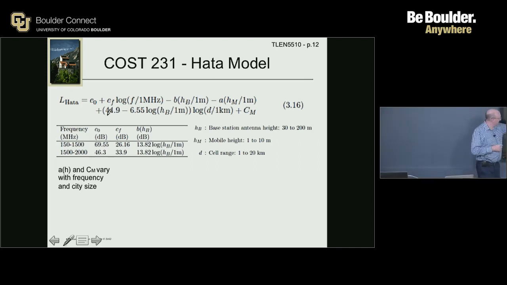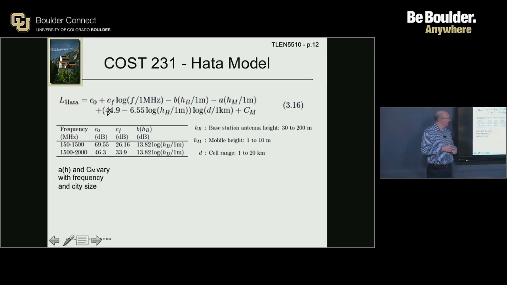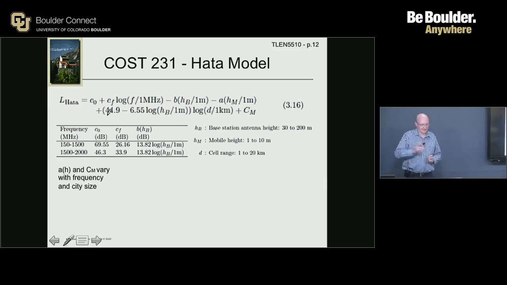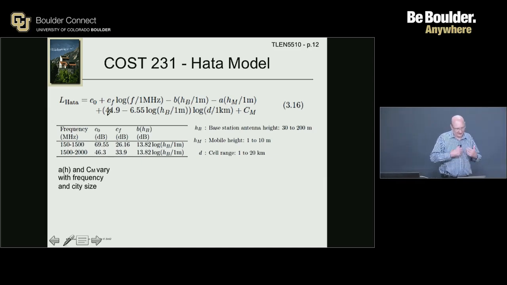And they saw that things went in 26 log of the frequency. Now we have a lot more measurements, but initially it was based on very few measurements. And yet we still use those models for most of our designs.